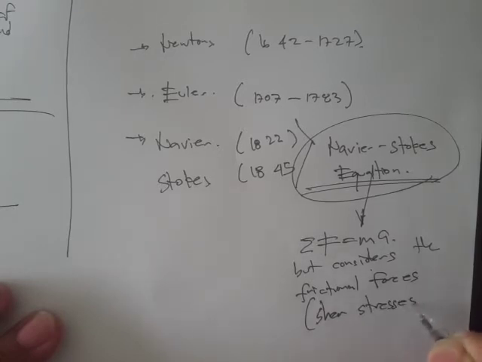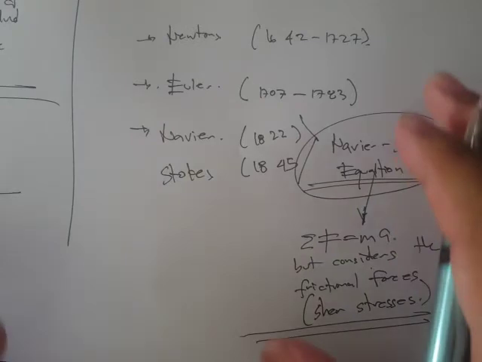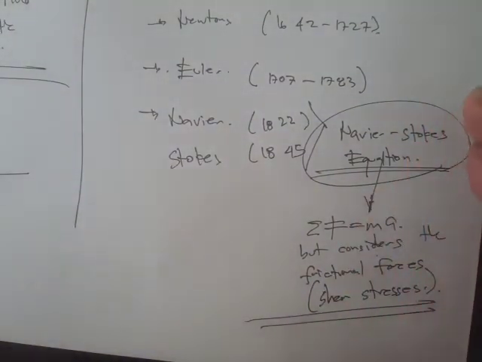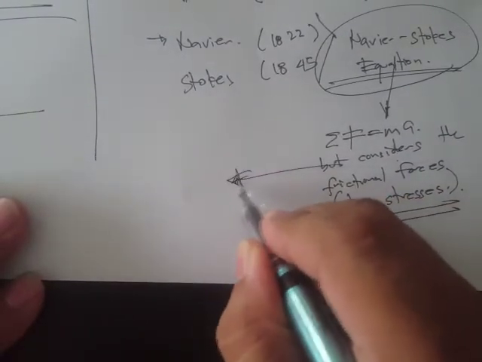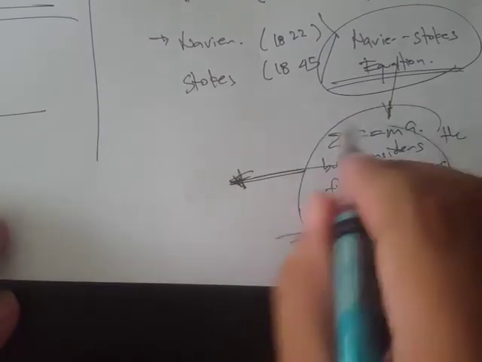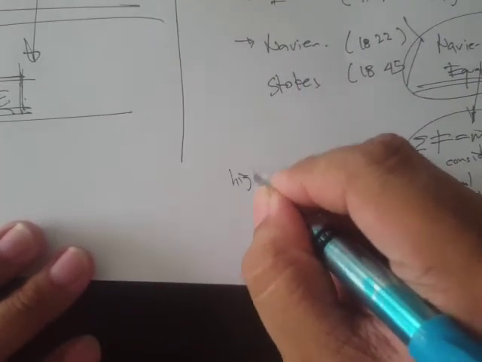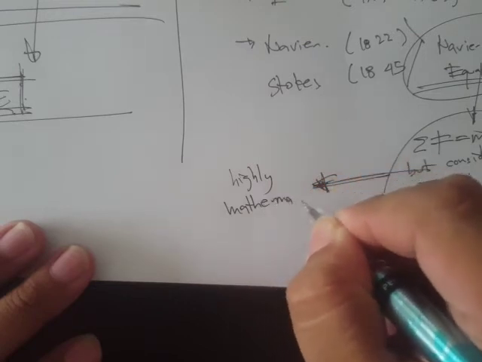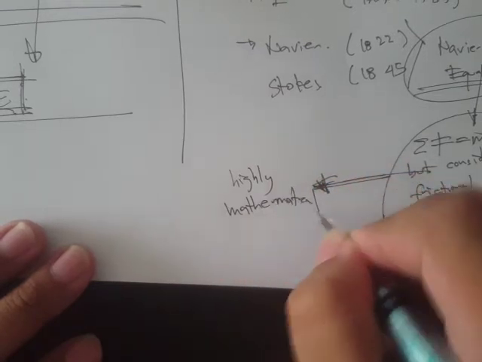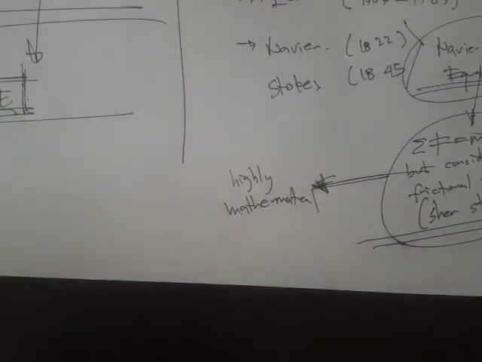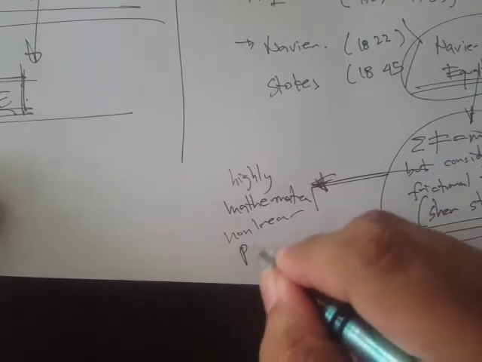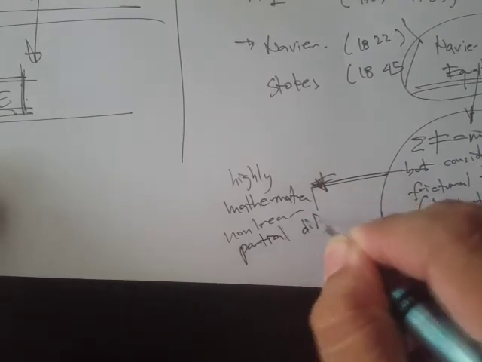Okay, so the result of this is more complete as compared to Euler's equation. However, the downside is that it is highly mathematical. There are a lot of terms, highly mathematical, which are nonlinear partial differential equations.